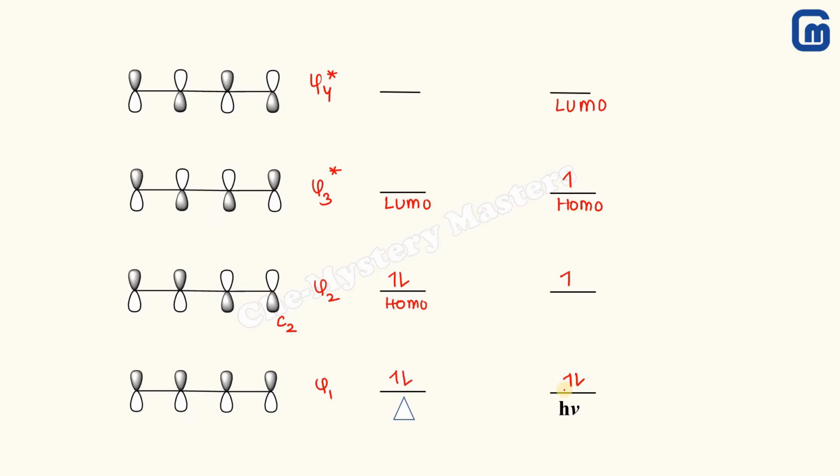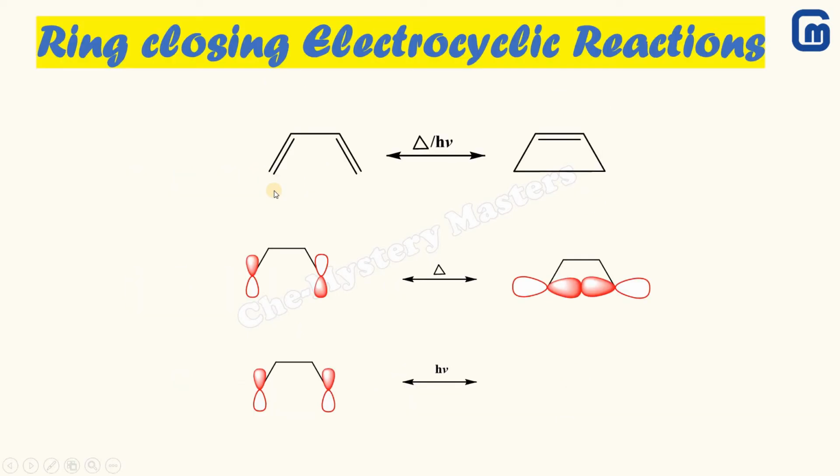So here in hν condition, psi3 star will be our HOMO, and you can see that in the molecule there is mirror symmetry present. We already said that in an electrocyclic reaction, HOMO is responsible for the reaction. So now we will take the excited state HOMO, psi3, which has M symmetry in it.